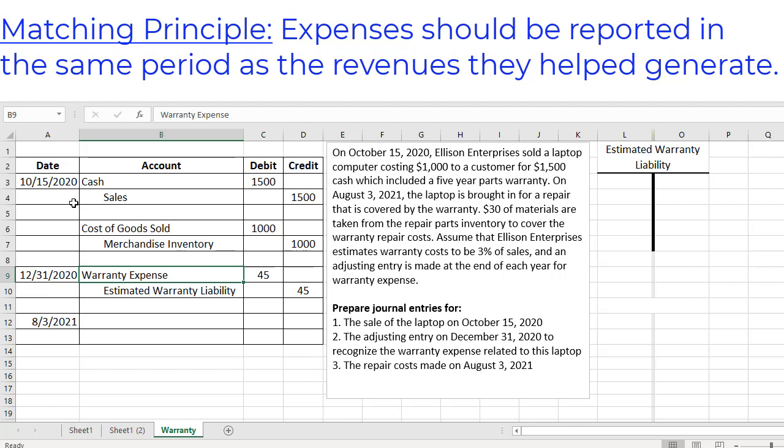And that's what we're doing here. 2020 is when the sales were, and 2020 is also when the expense is recorded. Now, of course, this $45 was based on an estimate of 3% of sales. So if the company was to realize that the estimate is a little bit off and not matching the actual warranty expense that well, they can change that expense appropriately in future periods.